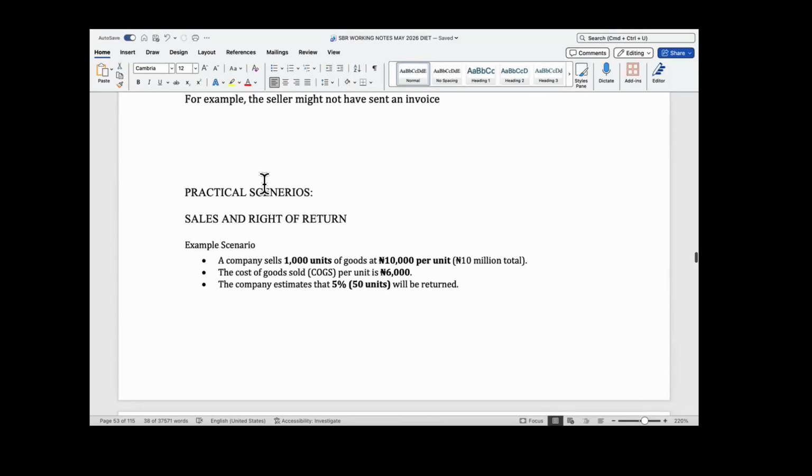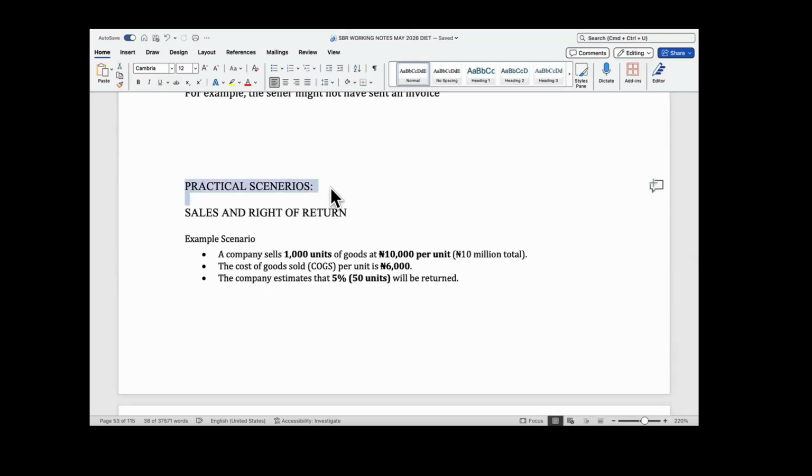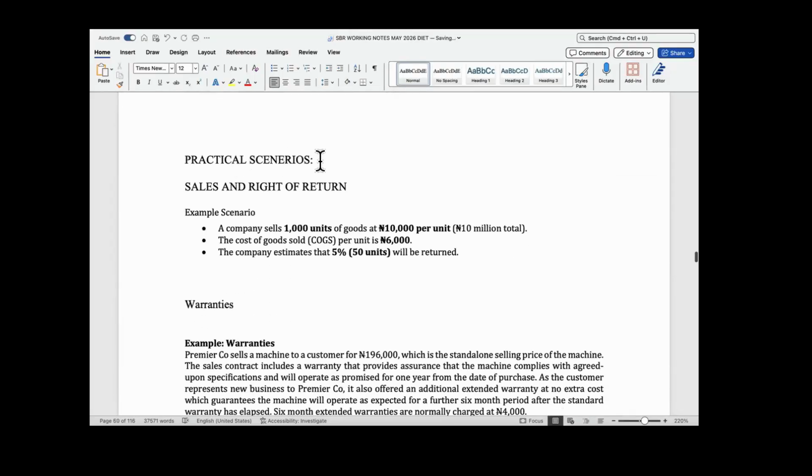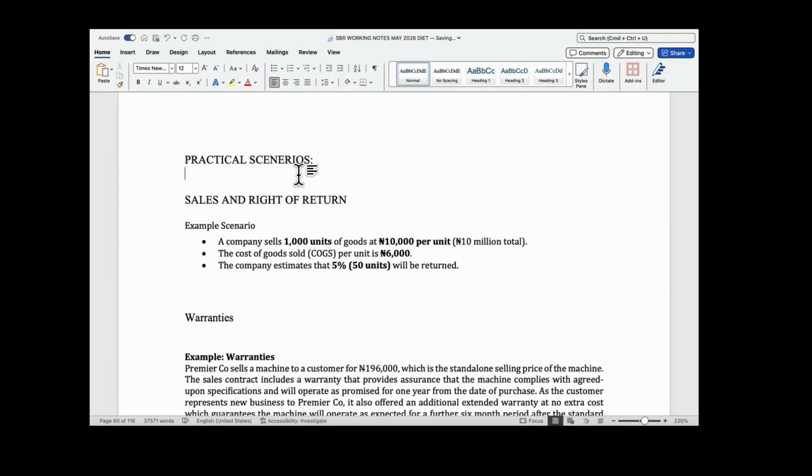Sometimes I call them practical scenarios that we need to look at, that the examiner specifically asks you on. So we need to look at the following areas that help apply the 5-step model.